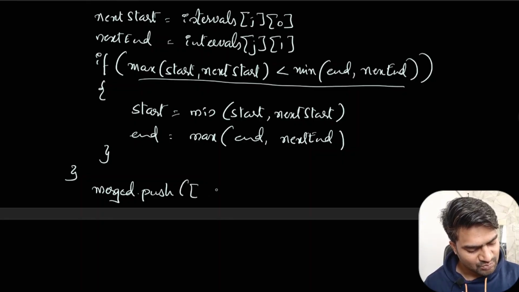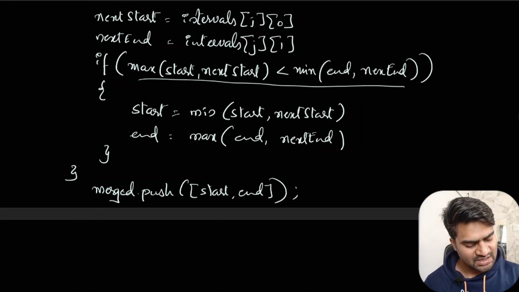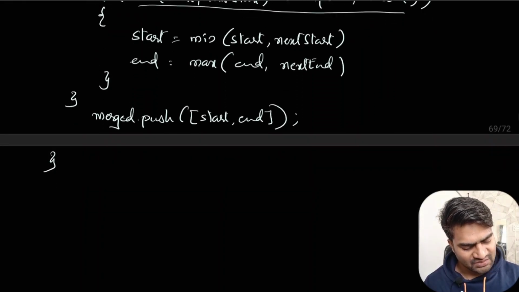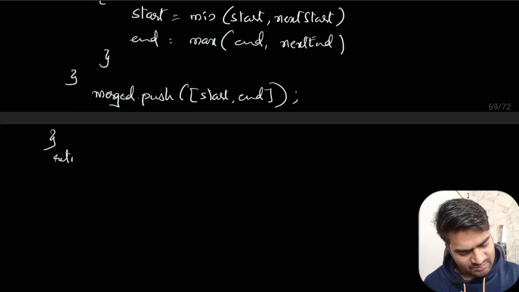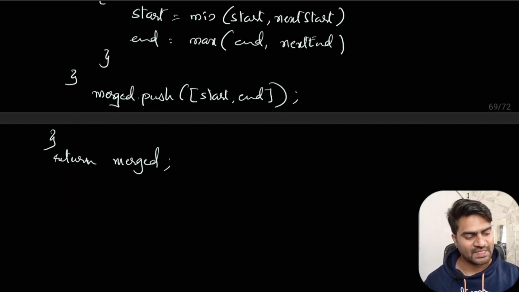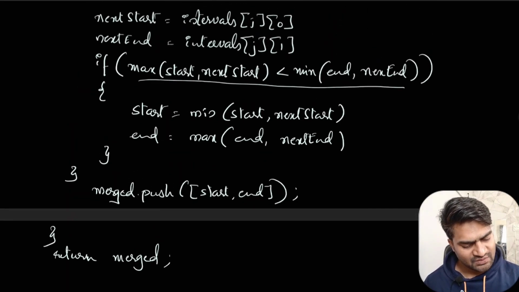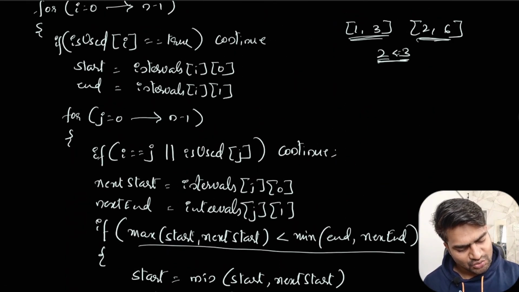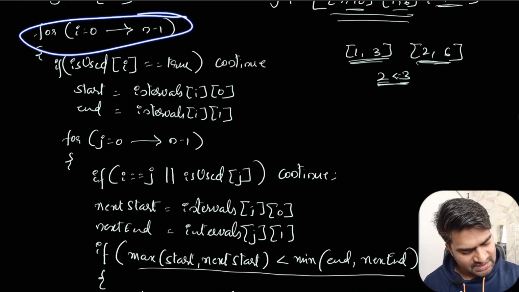I will push my start comma end. Finally, after the second for loop, I will simply return my merged.